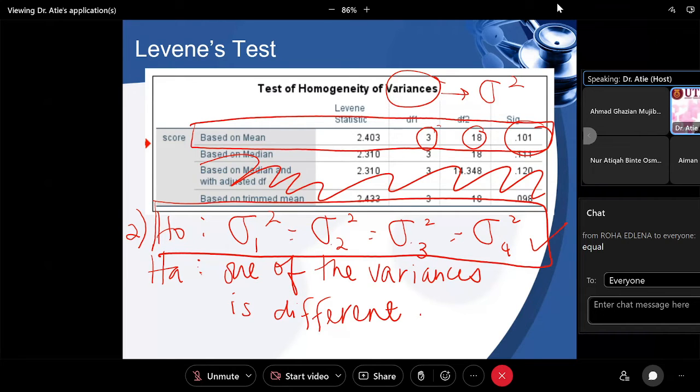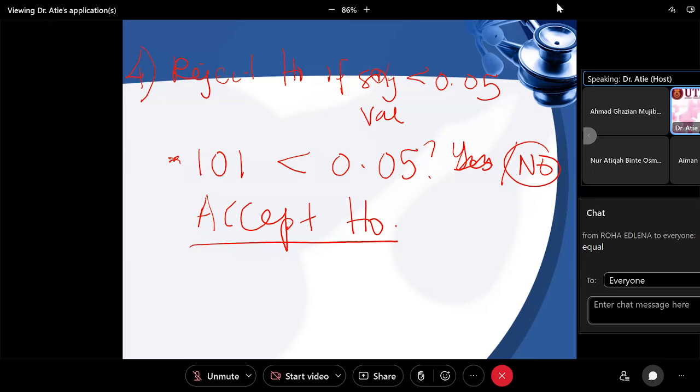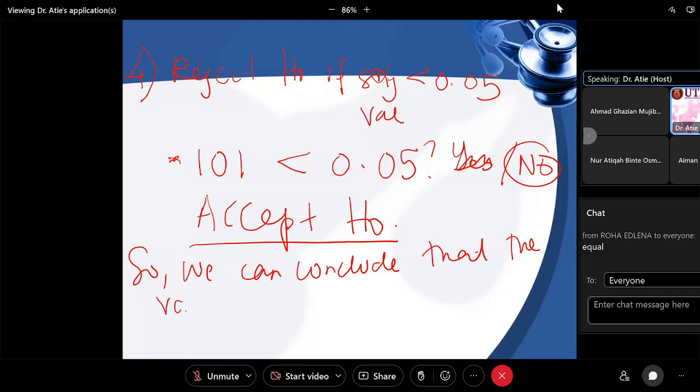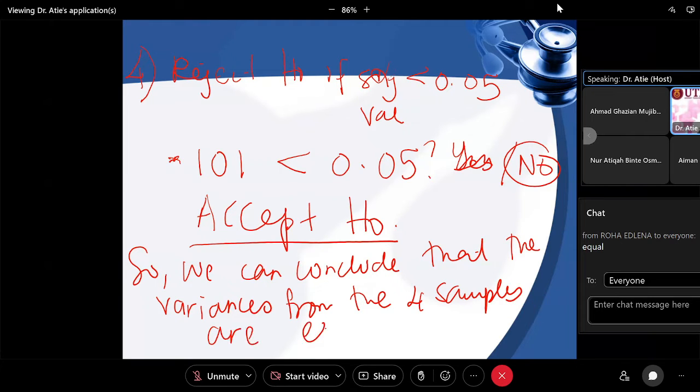So therefore, we can conclude that the variances from the 4 samples are equal.